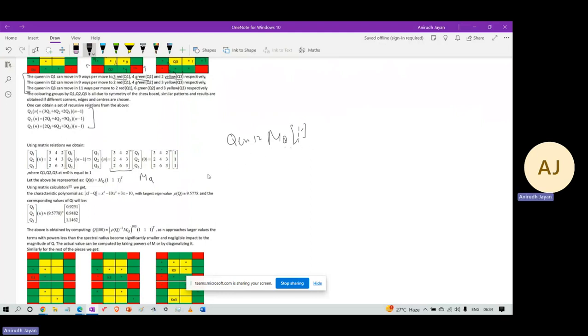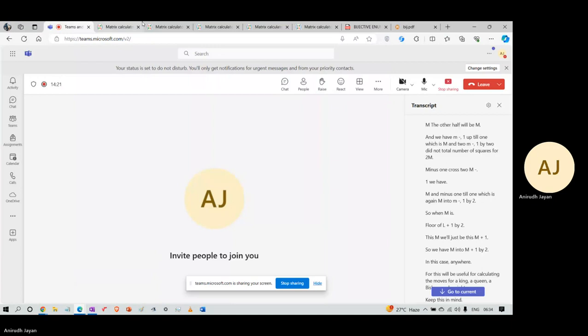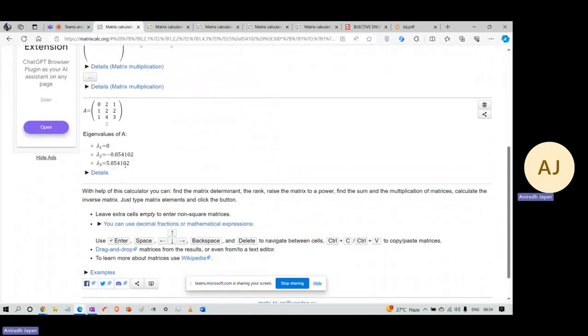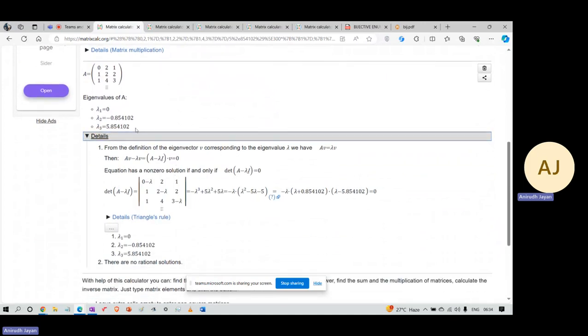Now using matrix calculators, one can find out that the largest eigenvalue of this matrix is 5.85.